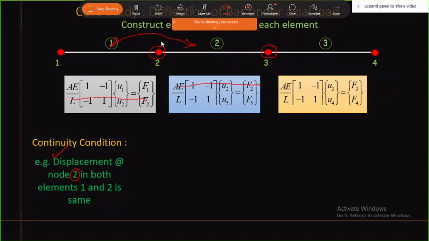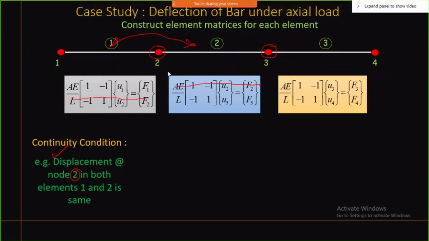So as node number 2 is common to both places, we are going to add up this u2 and u2, and it will be represented as a single equation, and in a similar fashion for the third also. So this u3 equation and this u3 equation will be added, and it will be nothing but representing the behavior of node number 3 like this. Okay.